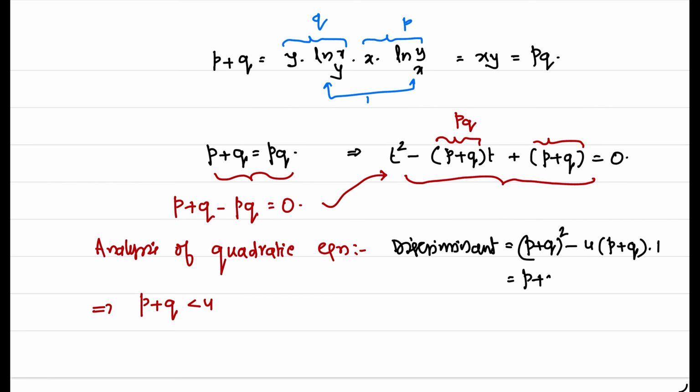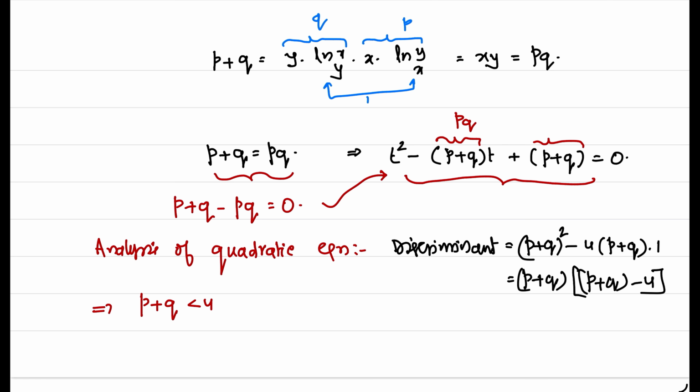Just for the sake of simplicity we replaced PQ with P plus Q because P plus Q is equal to PQ. Taking P plus Q as common, we get (P plus Q)(P plus Q minus 4).